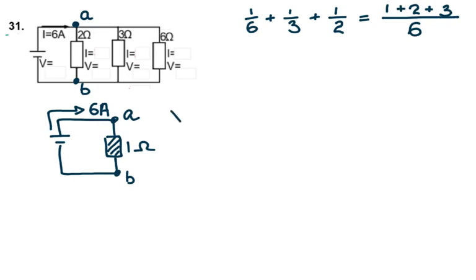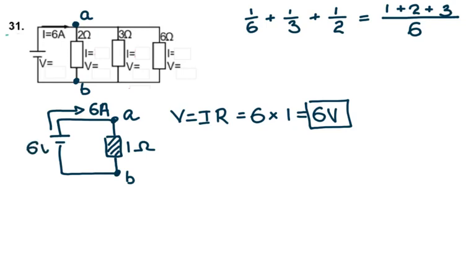So the voltage is equal to I times R, Ohm's law. Your current is 6 and the resistor is 1, so the voltage is 6 volt. So now I know that the battery is 6 volt.